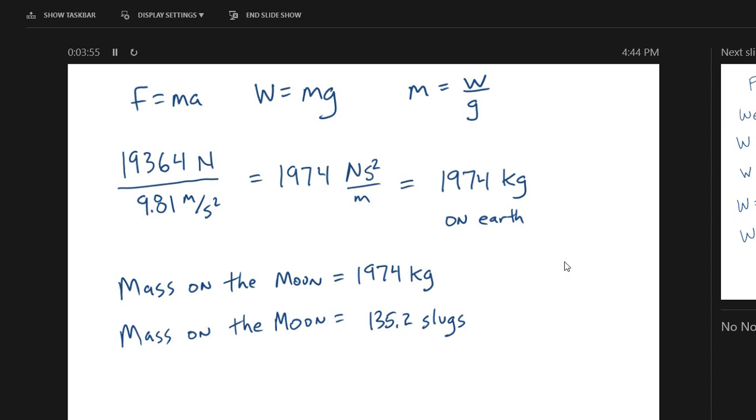The mass stays the same. The weight changes. You ever see the films from the people walking on the moon? They kind of hop when they walk because their muscles are built up for Earth, but they're in this really weak gravitational field, so they kind of bounce when they walk because their legs are so strong for what they need to do. Okay, we good?